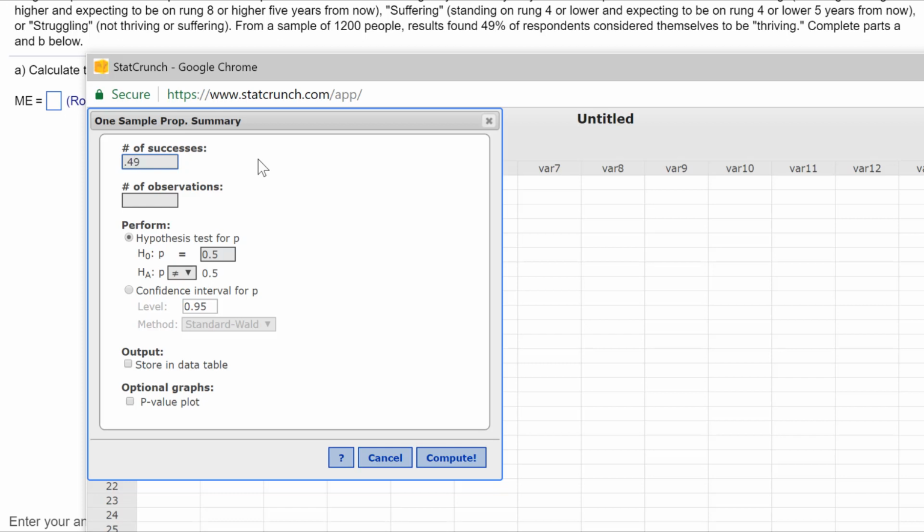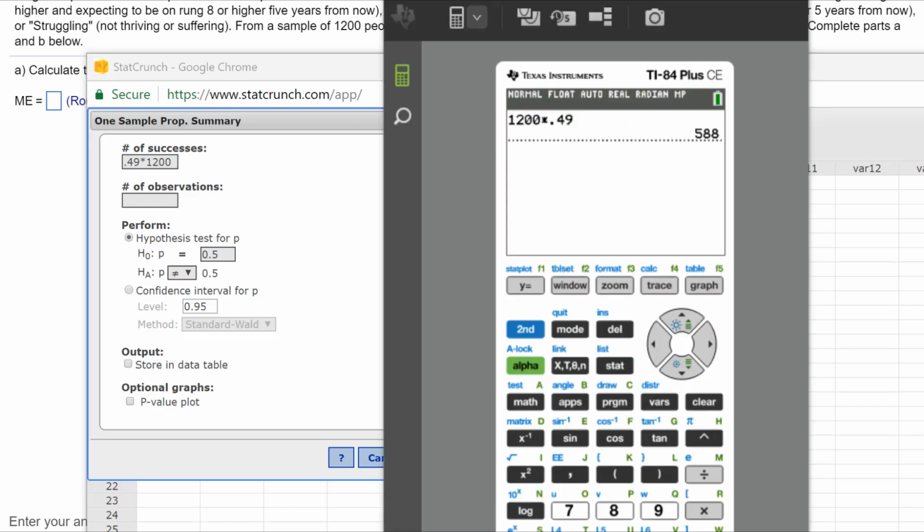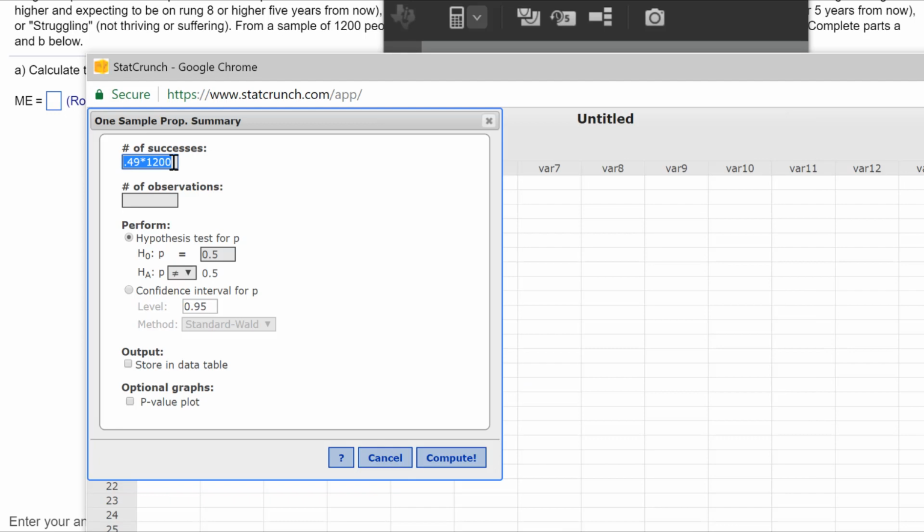It needs to be a number. So you can put 0.49 times 1,200. Sometimes, though, if that doesn't come out even, it'll give you an error message. So in the calculator, we're going to get 588. So you can put 588 in here. And the number of observations, that's the total number, which is 1,200.